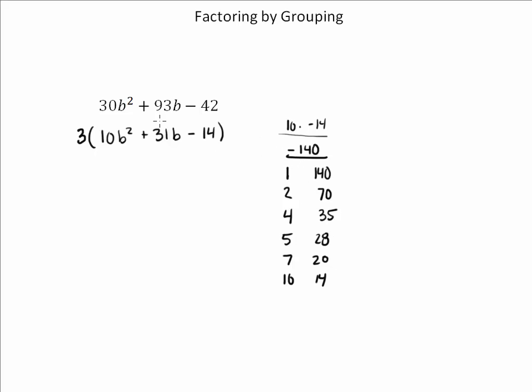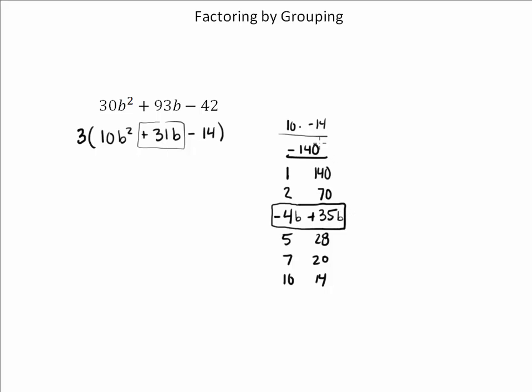I'm looking for a pair that will get me positive 31. So I look at all of our options here, and there is my winner right there, 4 and 35. So I need a negative 4 and a positive 35 in order for this to work. So my variable I'm dealing with is a b.